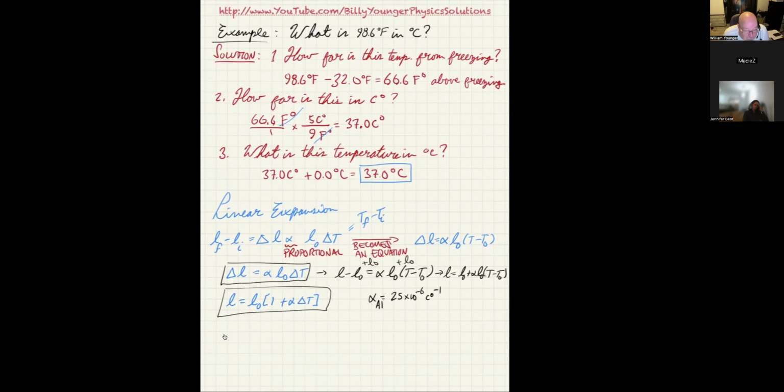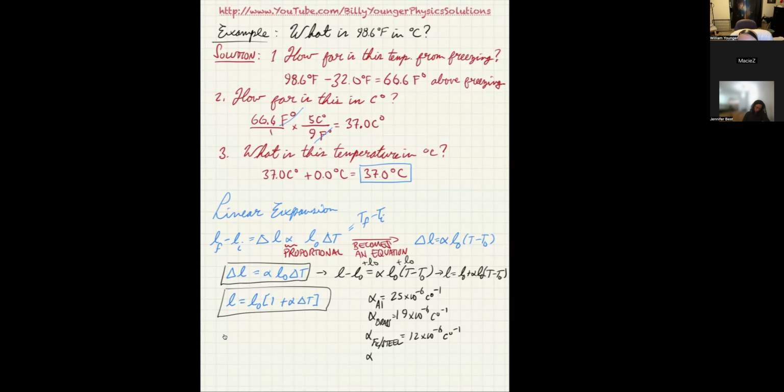And brass is equal to 19 times 10 to the negative 6 reciprocal Celsius degrees. But most interesting is that iron and steel has an alpha equal to 12 times 10 to the negative 6 reciprocal Celsius degrees.